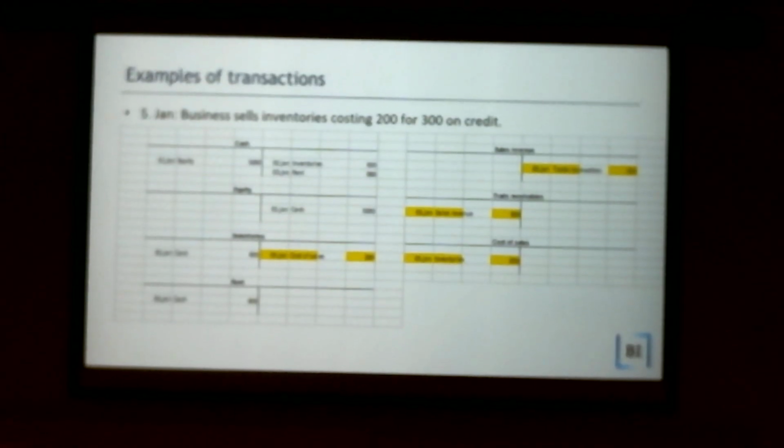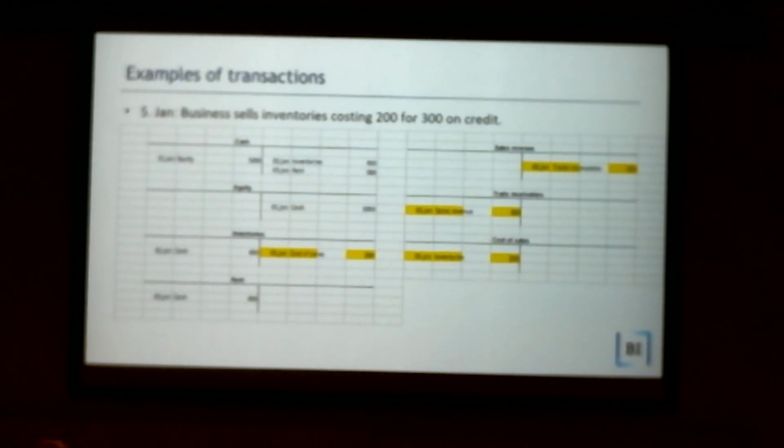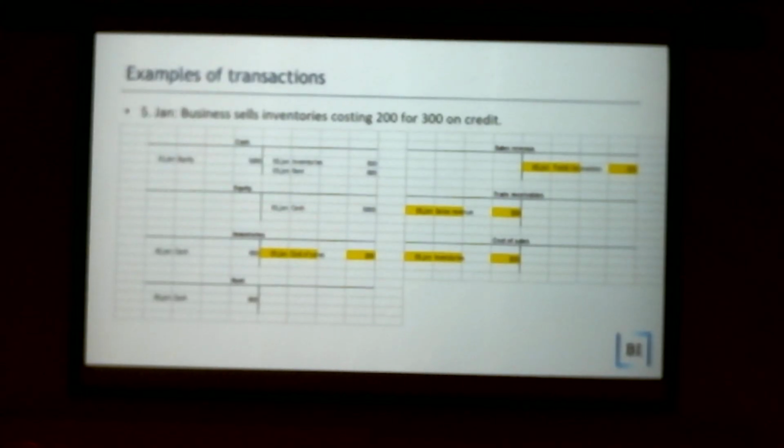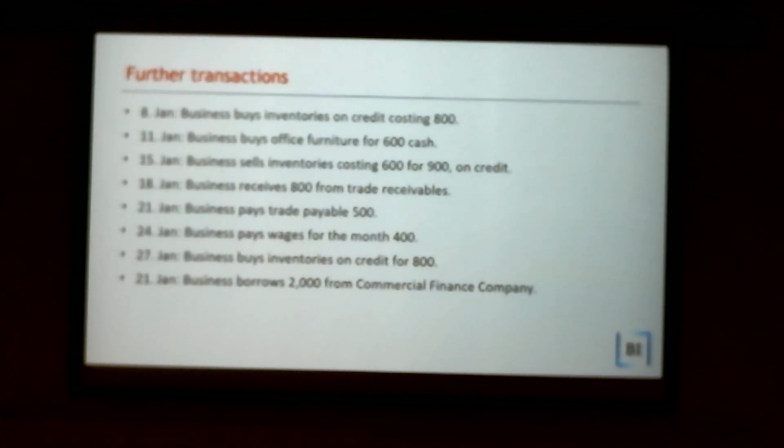So trade receivables, no, let's start with sales revenue. We have sales revenue 300, yeah? We put this on the credit side, and trade receivables go up by 300, yeah? So this asset increases.